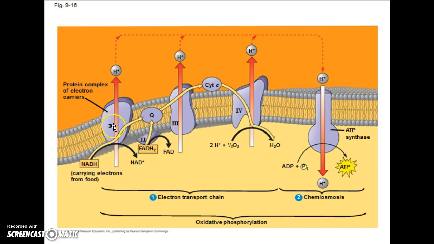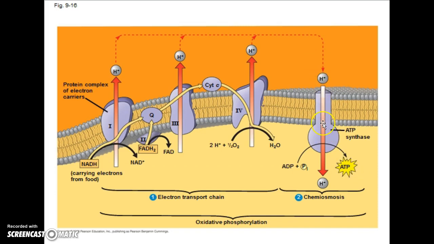But as it passes through these proteins, it pumps hydrogen ions into the intermembrane space. This creates a hydrogen ion concentration gradient, which is then used to drive the production of ATP that we see going down on our screen right here.